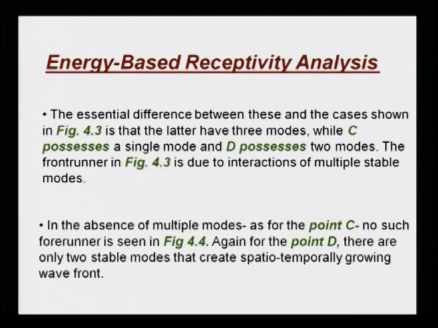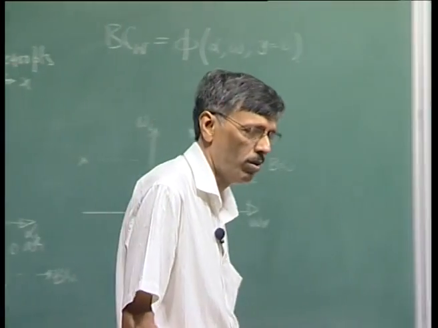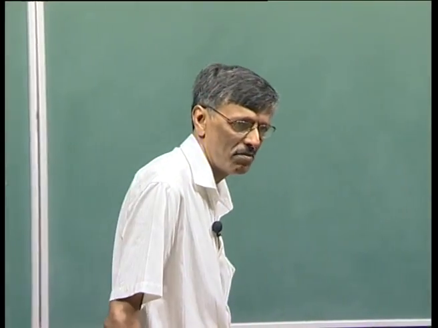Well, I write this with bated breath, because this has to be qualified with further studies. However, if we do not have multiple modes, as was the case for point C, we did not see a spatiotemporal growing wave front.